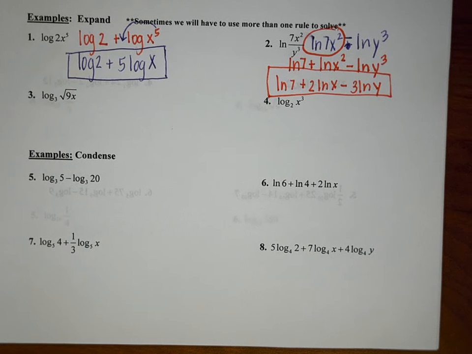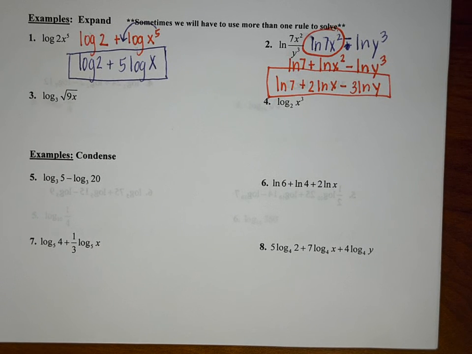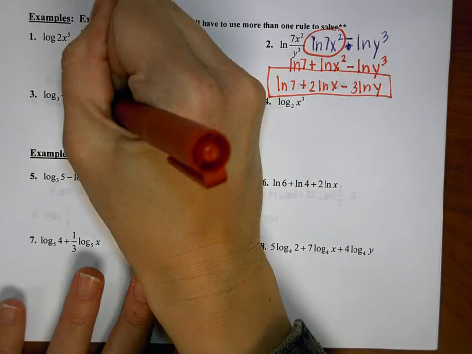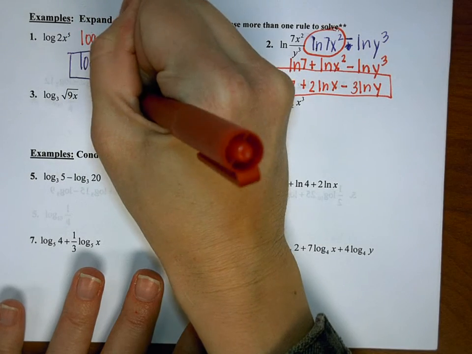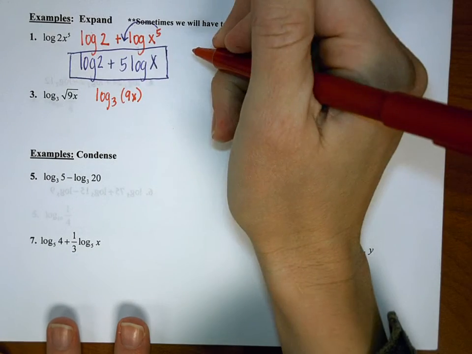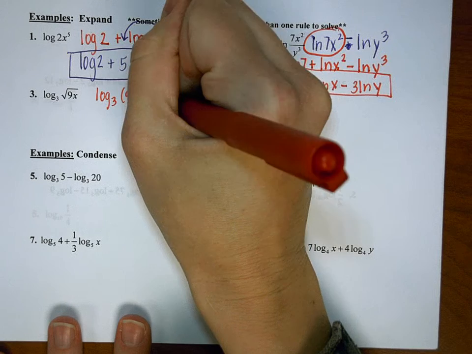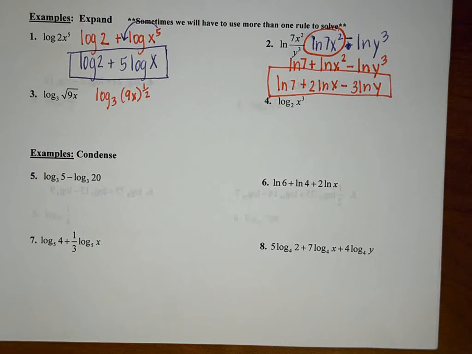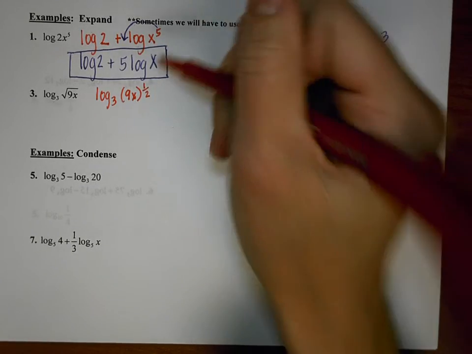What do you think we're going to have to do with number 3? You want to first change that square root into a fraction, like an exponent. Good. So when I rewrite this, this will be log base 3 of 9x to what power? 1/2. Now, what you have to be careful of is that this whole thing is being raised to the 1/2.